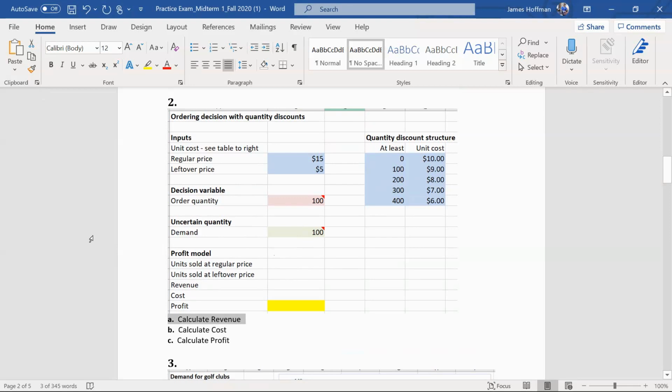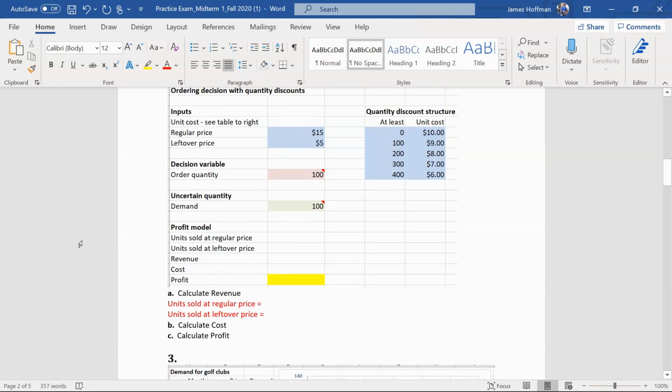So we'll do that first, and then okay, so there was a little formula for this in the model, but it should be pretty intuitive how this works.